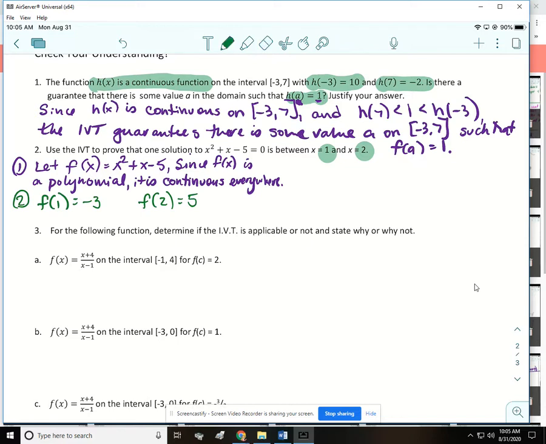Actually, I think this problem is supposed to be cubed. So cube it, add 2 to it, and subtract 5 from it, and we get 5. Sorry about that.